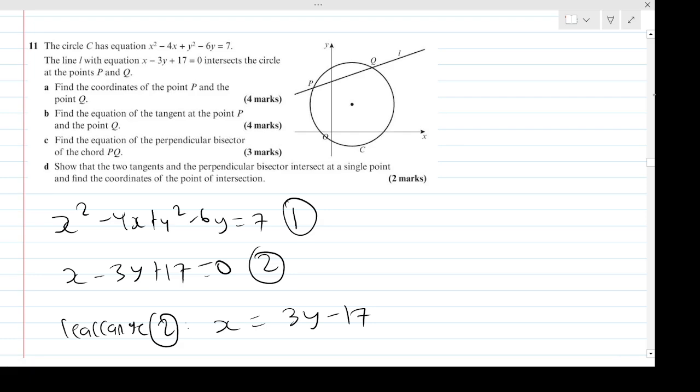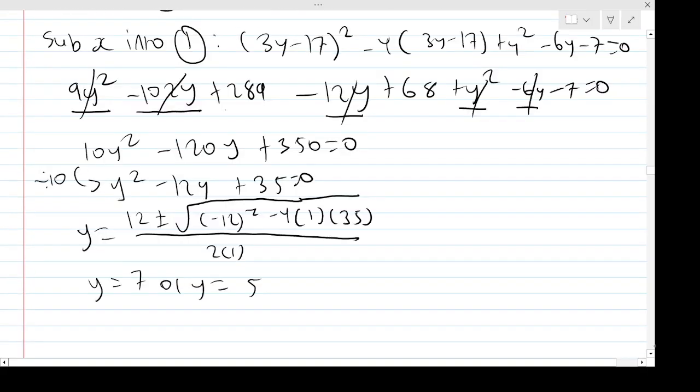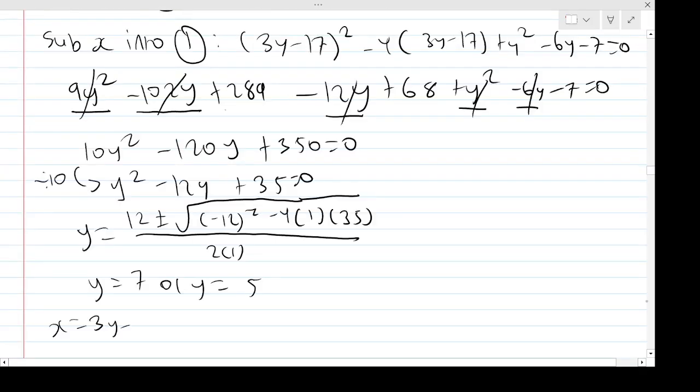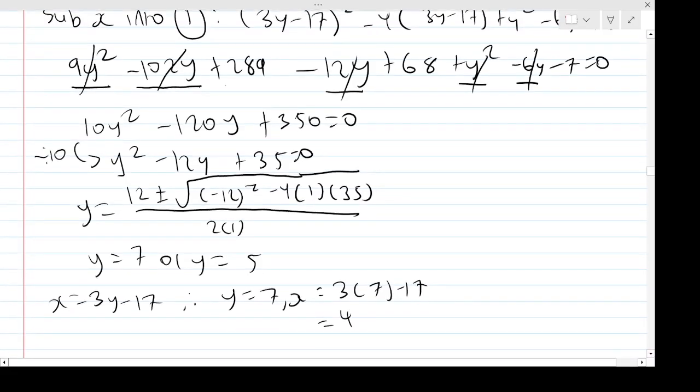So then for the values of x, I know x is 3y minus 17, so I can substitute those two values to get the other values of x. If y is 7, x would be 3 lots of 7, take away 17. That would get me 4, right? Yes. Always double check, even stuff like this.